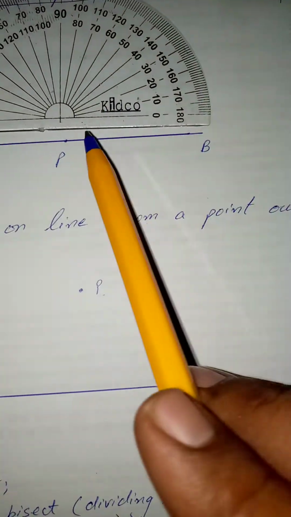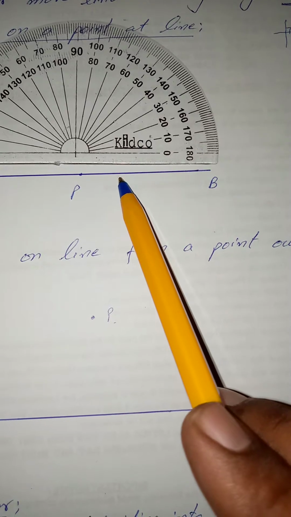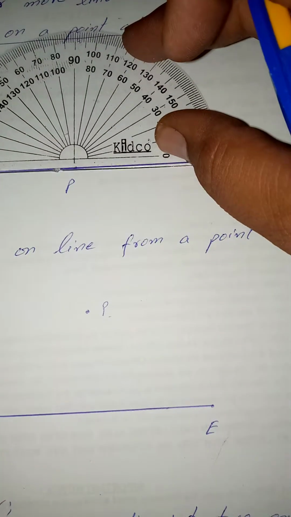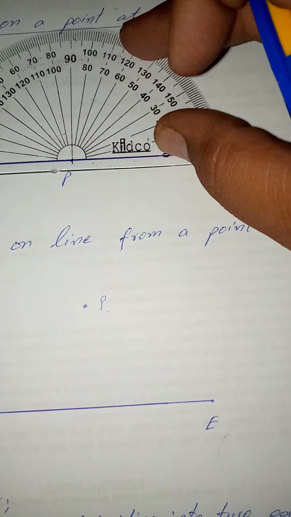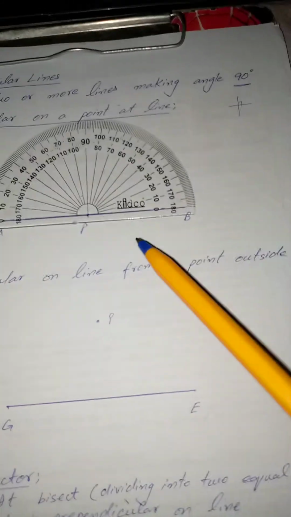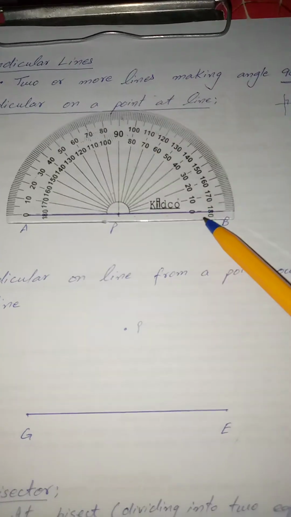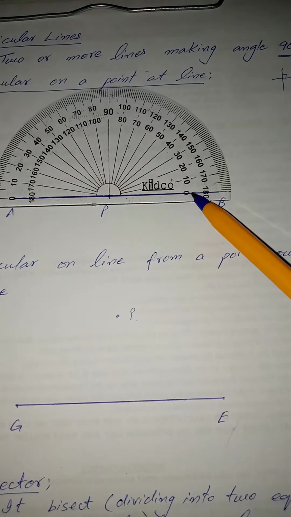We will place the protractor so that both lines coincide exactly, or you can say these are the initial arms of the angle and it should be at 0 degrees.